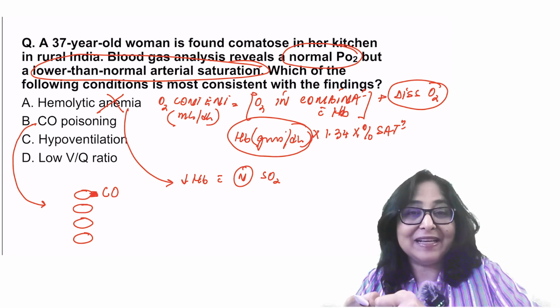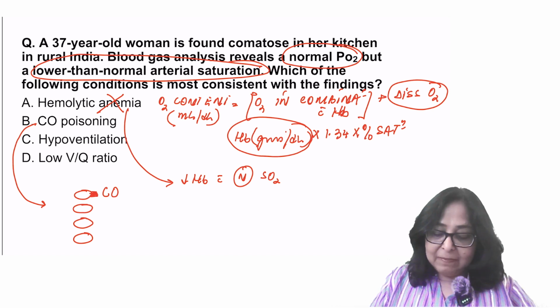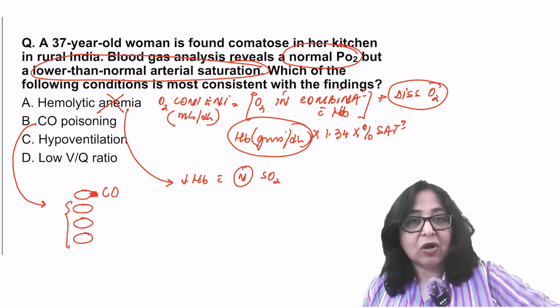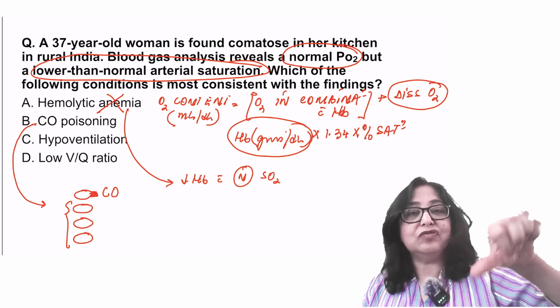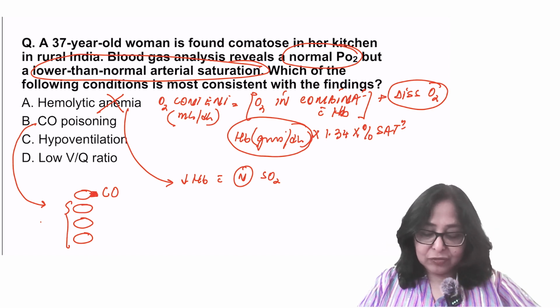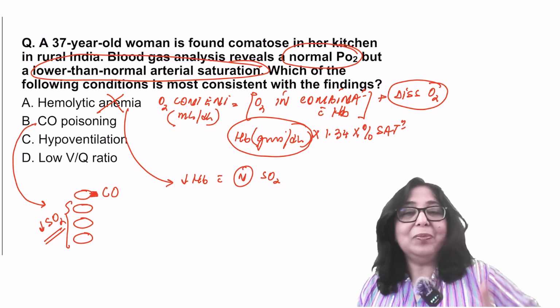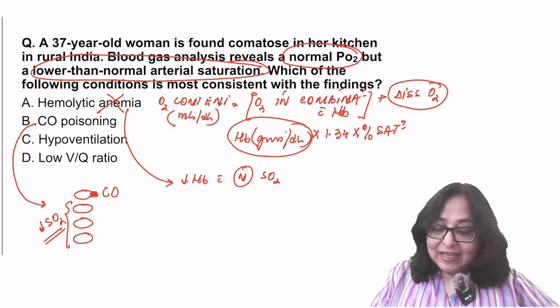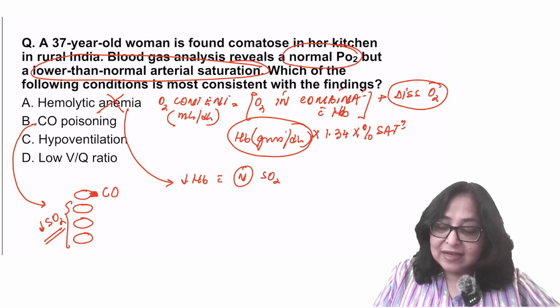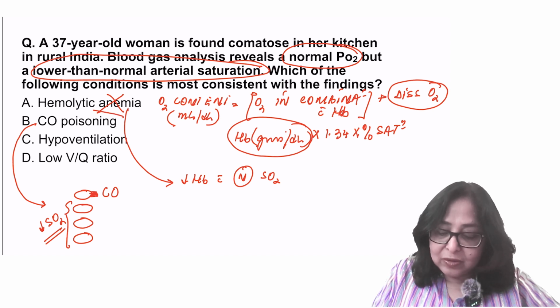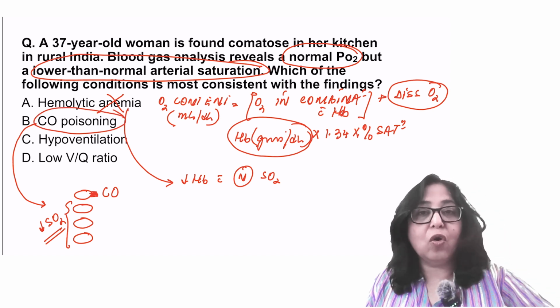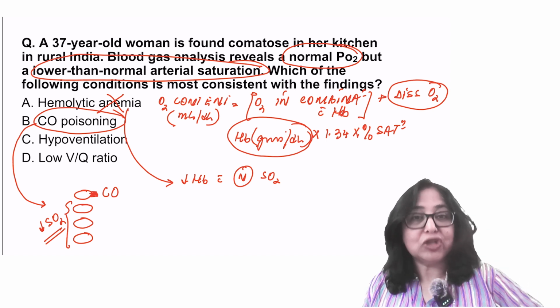It cannot be displaced. So now the heme available to bind with oxygen in the arterial blood has reduced. So the saturation of the arterial blood reduces. Dissolved O2 will be normal. So this is exactly what the question is asking: normal PO2 with a less than normal arterial saturation.